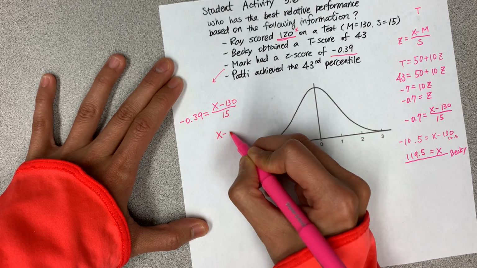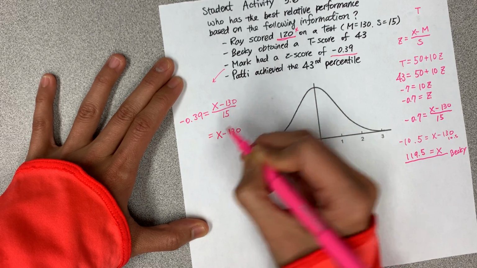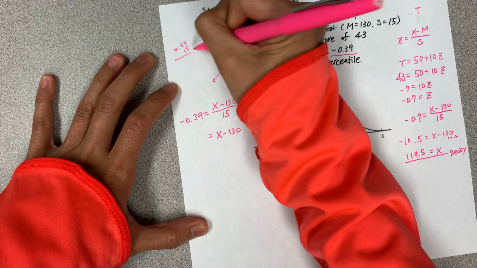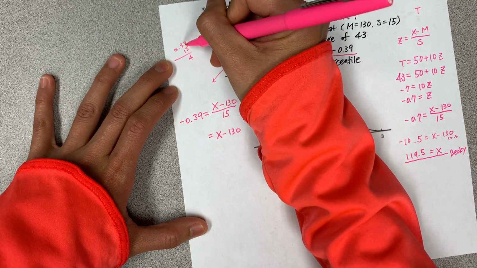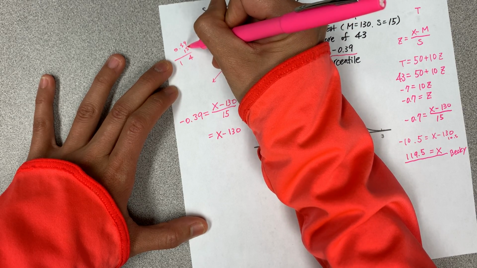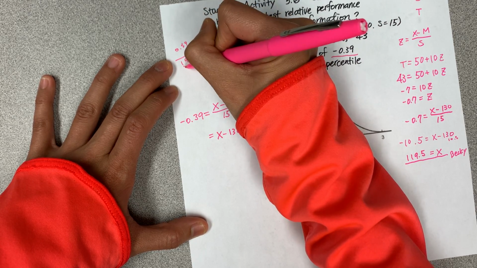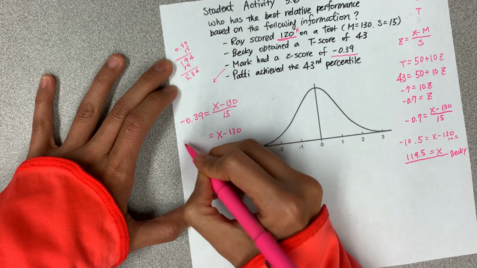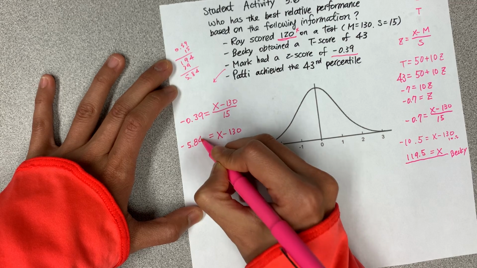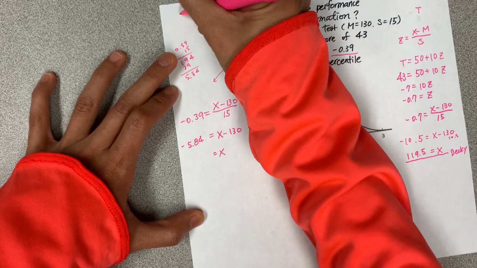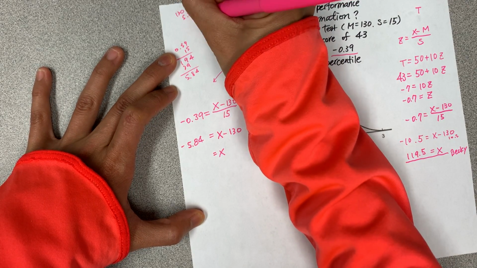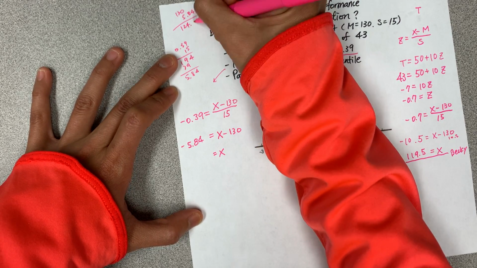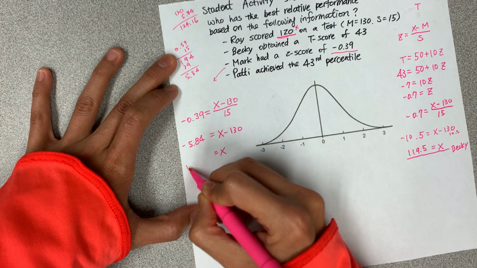So x minus 130 is -5.84, so x is 124.16.